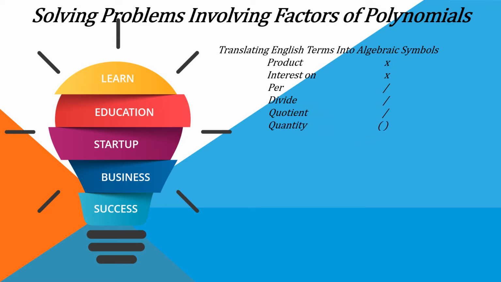Quantity: well, when we say quantity, it depends on the operations inside the parentheses or brackets, but mostly the terms inside the bracket should be multiplied by other terms inside or outside of the bracket.